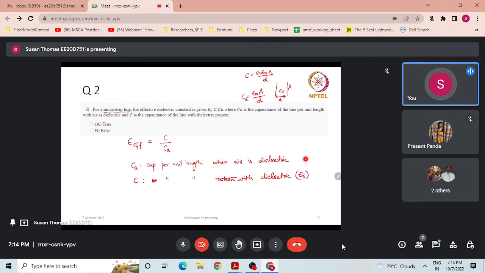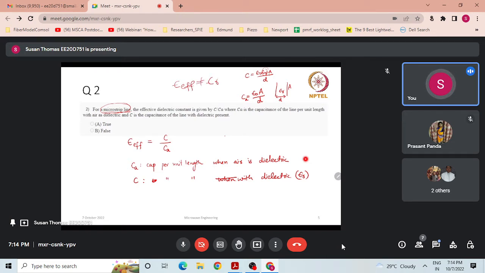So intuitively, the ratio C by Ca is epsilon r. But here it's not equal to epsilon r, because in a microstrip line, epsilon effective is different from epsilon r.